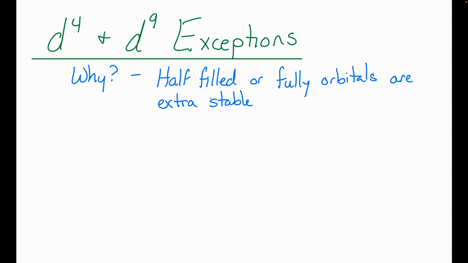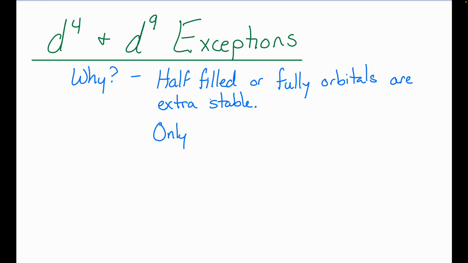And our noble gases are very happy because they have all of their orbitals completely filled up. We can also note that this exception is only going to be true for d and s electrons. Turns out they're fairly close in energy compared to the other ones.